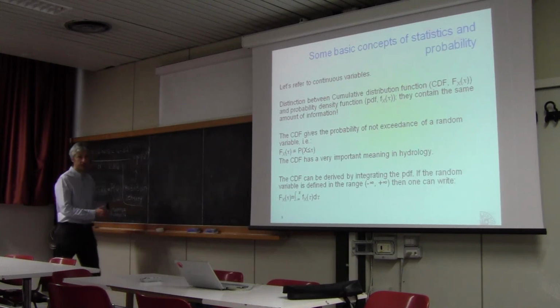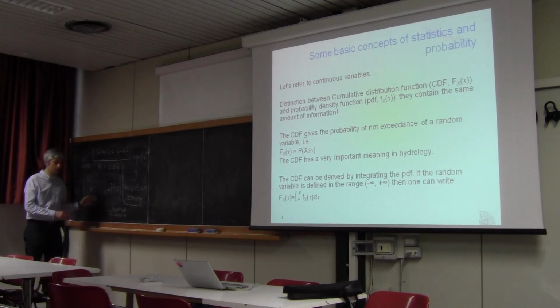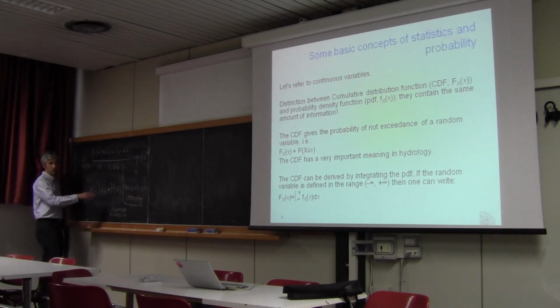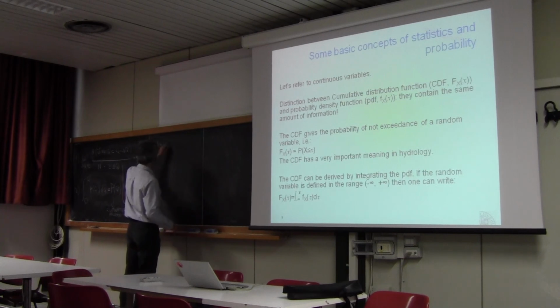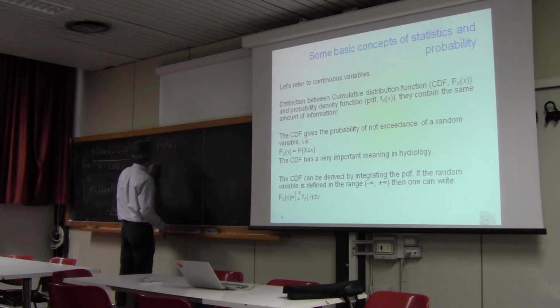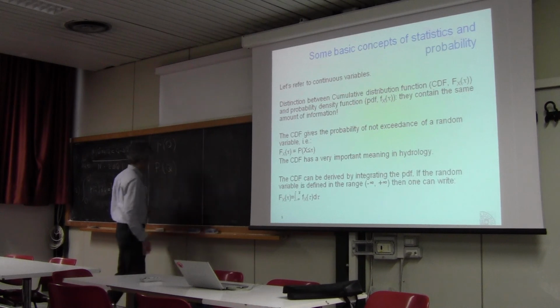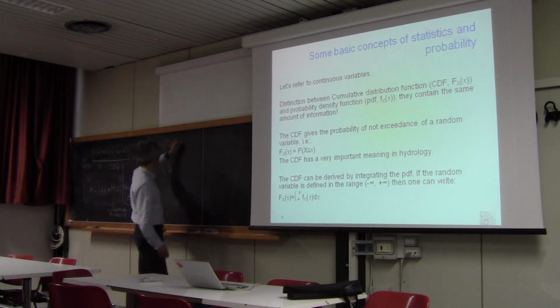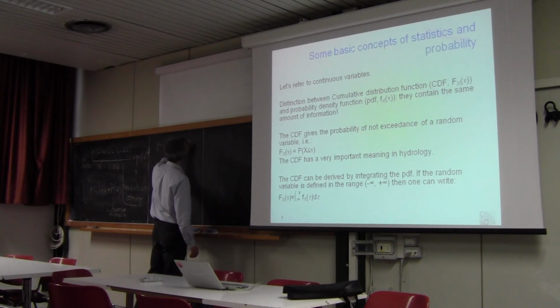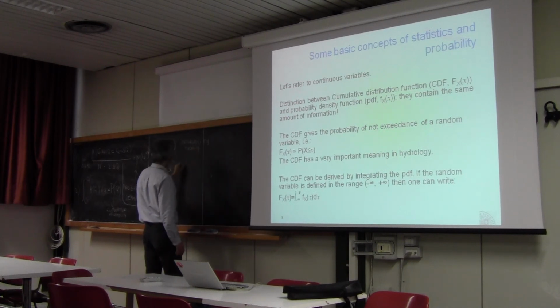The problem is still there. As I said, we have to describe this function. So either we describe the probability density of Q, or the probability of Q. This is our problem. So either to describe the probability density or the cumulative probability.